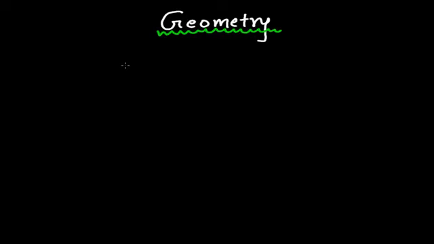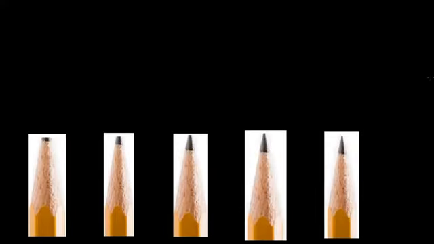And I want to start geometry from a point, right? What is a point exactly? Let's study that. To get a good concept of a point, suppose I have some pencils of different sizes and different sharpness. This first pencil is much more blunt.